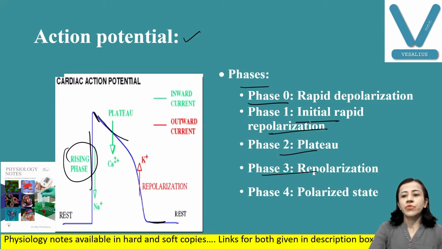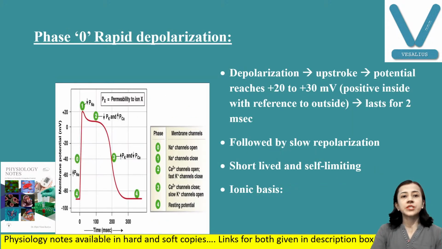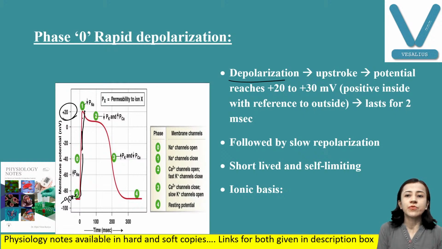Now we will discuss one by one, starting with phase 0, rapid depolarization. You can see here this is depolarization. It is characterized by an upstroke, meaning the potential rises rapidly. It changes from minus 90 millivolt and reaches plus 20 to plus 30 millivolt. What do you mean by plus 20 to plus 30 millivolt?